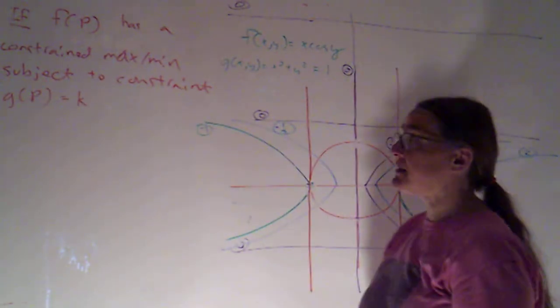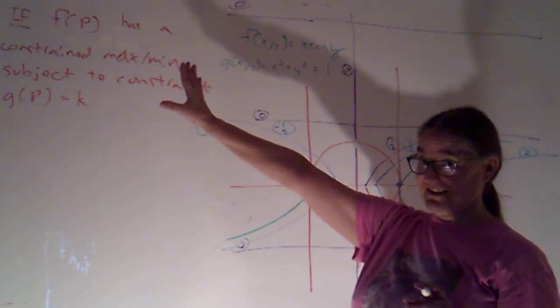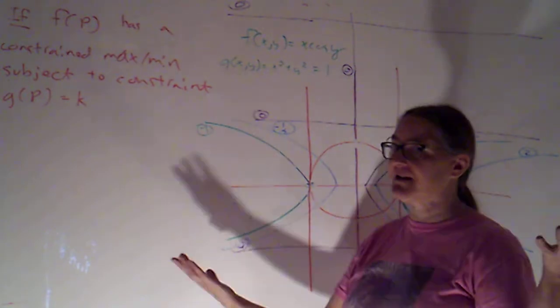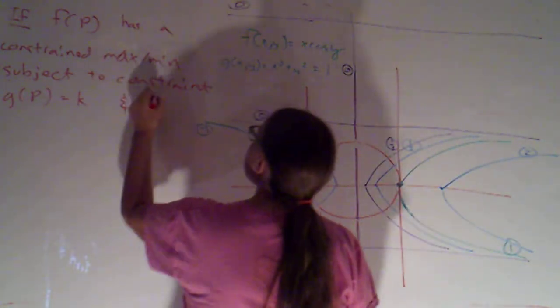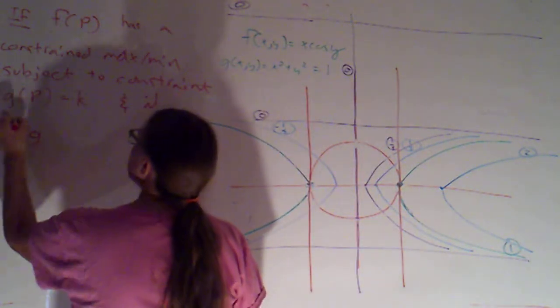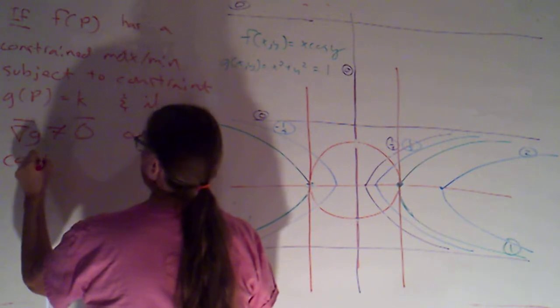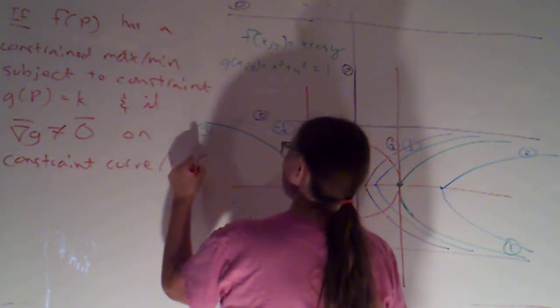So if there's a constrained max and min, now that's an if, they're not guaranteed to exist necessarily. If the extreme value theorem applies, then they are. If it doesn't, who knows? Okay. But if there's a constraint, and if the gradient of g is not equal to 0 on the constraint, and I'm just going to have to write curve or surface because I'm giving you the generic version.